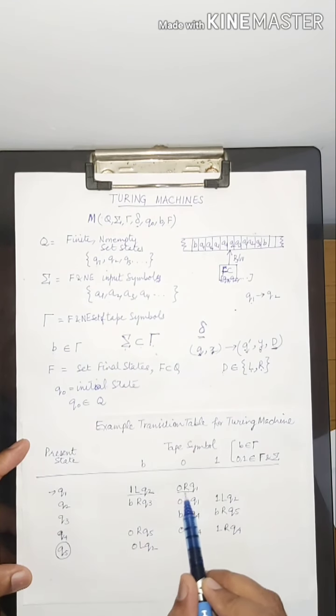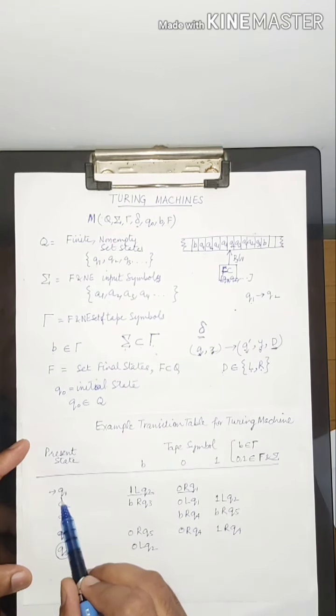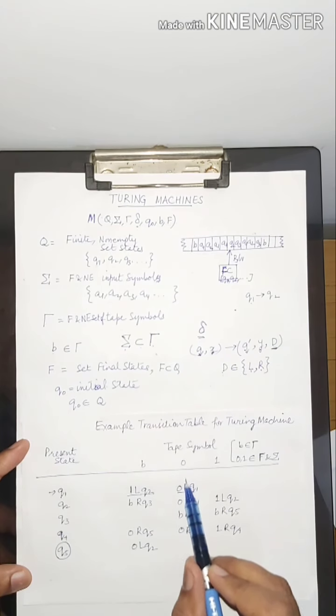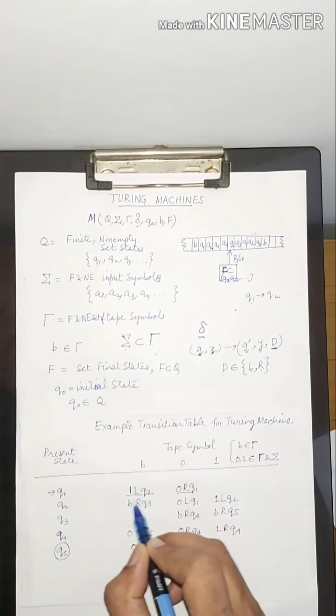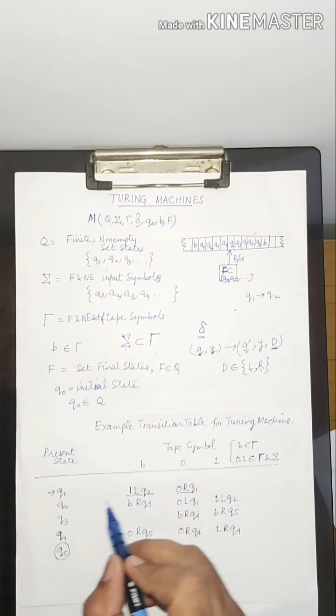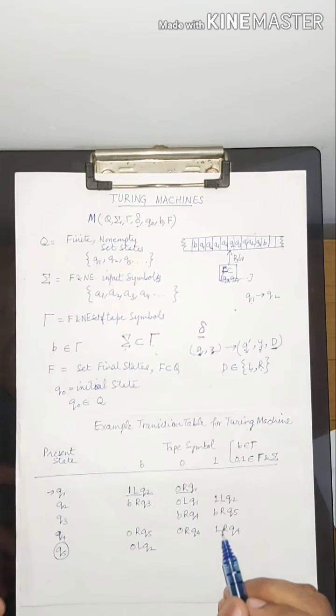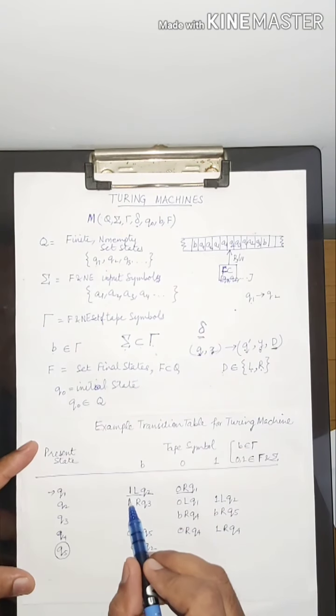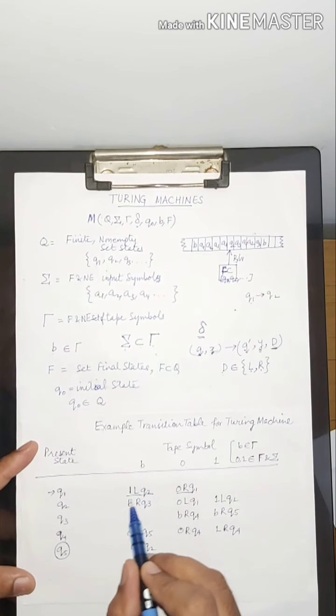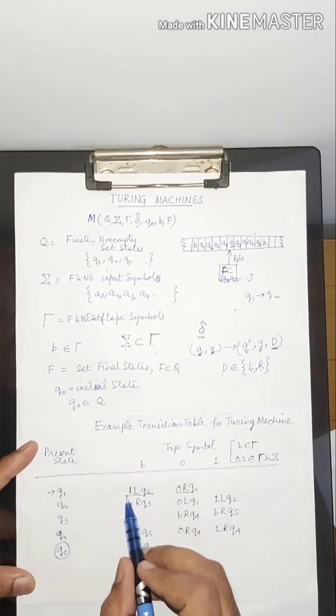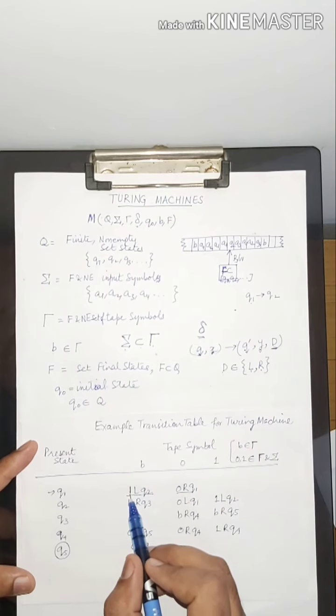The first entry is concerning the Q1 state and B symbol. Similarly, the second entry is concerned with the Q1 state and 0 input symbol on the tape. This is the output when your machine is in the Q1 state and it faces B as the tape symbol. So now let's see what exactly this is. The first part in this entry is the tape symbol which is to be written on the tape.